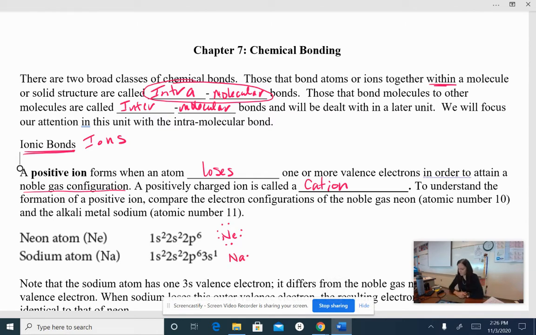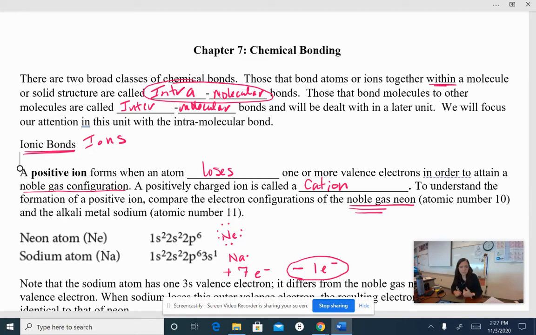Remember, we are always trying to get a noble gas configuration. So my question is, neon already has it. So sodium, we have 2 options to get a noble gas configuration. I can add 7 more electrons, or I could lose 1 electron. What would be easier? I think losing this 1 electron is a lot easier than adding 7 new electrons.